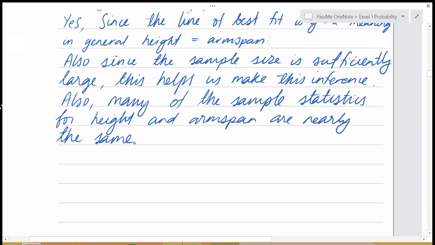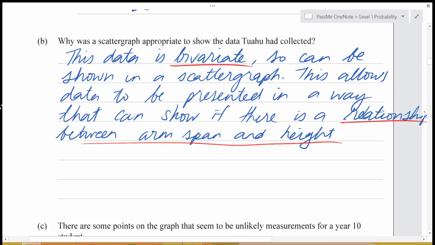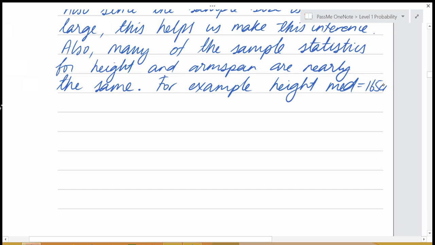And it's just worth backing that up with an example. So, for example, height median equals, and we'll quote that. So the height median was 165. Height median is 165 centimeters, while arm span median is also 165 centimeters. So having an example in there just sort of shows that you know what you're talking about. You're not actually just making things up.